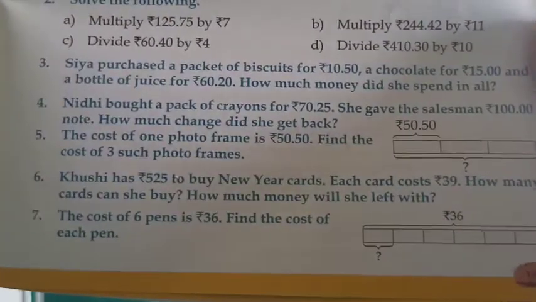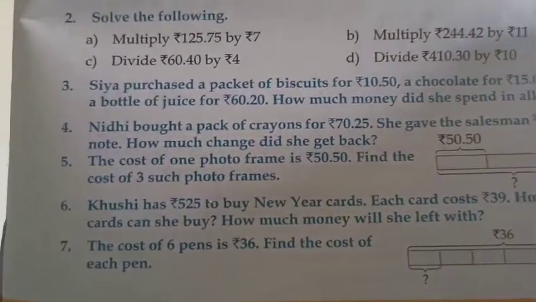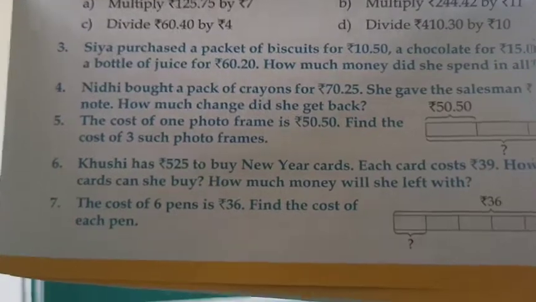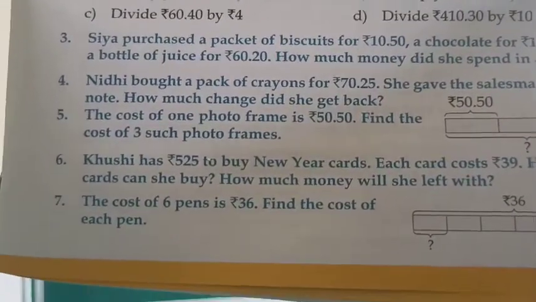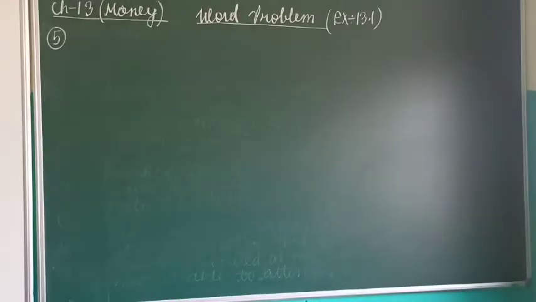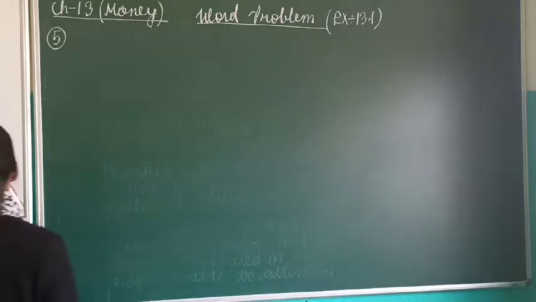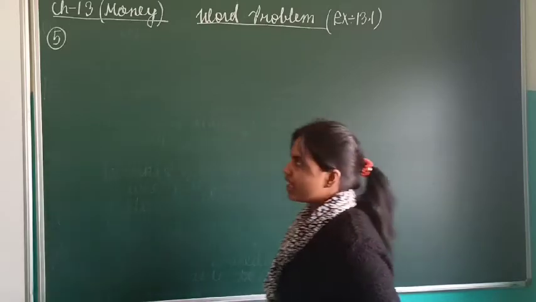Word problem number 5. The cost of one photo frame is rupees 50.50 paise. Find the cost of such 3 photo frames. So the cost of one photo frame is given to you, and you have to find out the cost of 3 photo frames. First of all, we will begin with the statement.